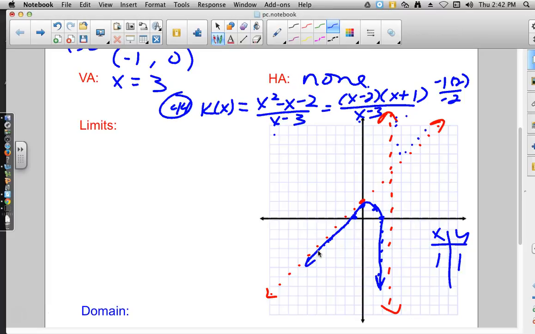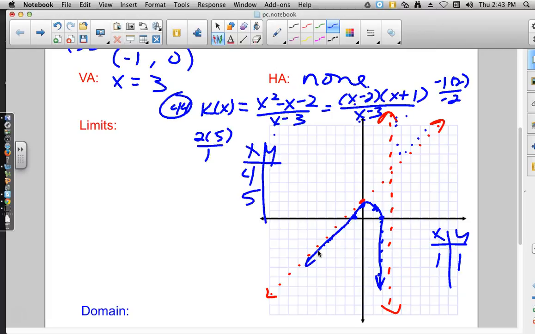Well, that means we need some points in that region. We need to be able to see what's going on and how far that's going to go. So our vertical asymptote was at x equals 3. We might just take a look at 4 and see if that's enough, if we know what's going on at 4, but we also might want to throw 5 in just to be certain. So 4 minus 2 is 2, and 4 plus 1 is 5, and 4 minus 3 is 1.